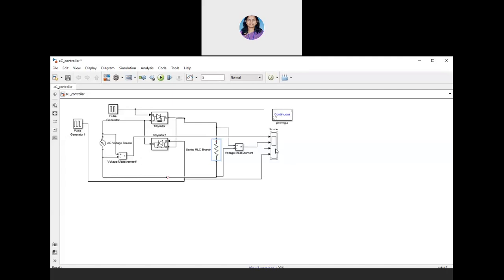On the oscilloscope, I have taken 4 outputs that I wanted to show you. The first is the AC input signal. Second is the output voltage. Third is the output of the first pulse generator, and the fourth is the pulse output from the second pulse generator. Fine. So let us now see.